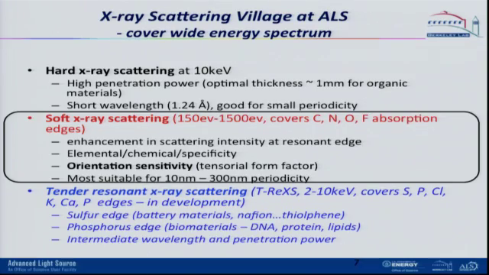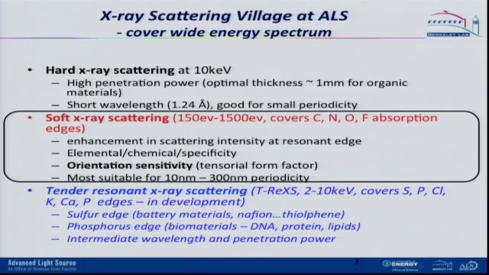This is great because if you want to look at carbon, you need to go to the carbon absorption edge, about 284 eV. So this range covers the resonant edges of carbon, nitrogen, oxygen, and fluorine, which is fantastic for people studying organic materials, because all organic material is full of carbon and other elements like nitrogen.